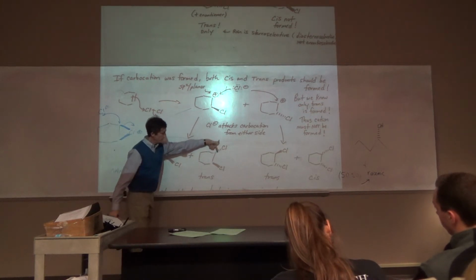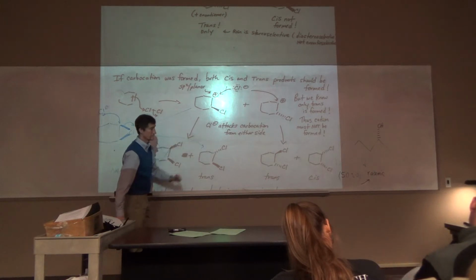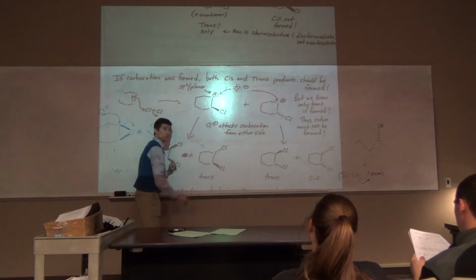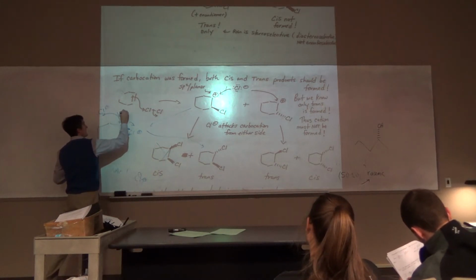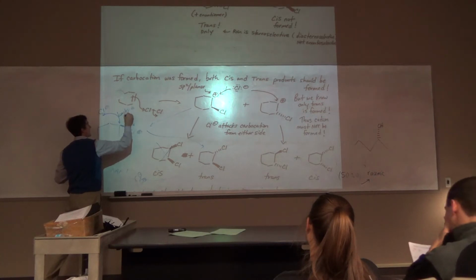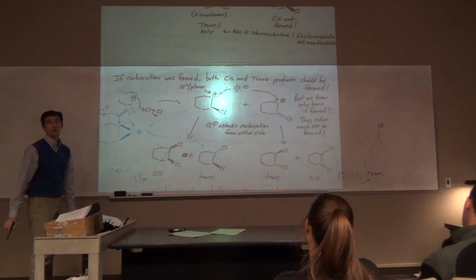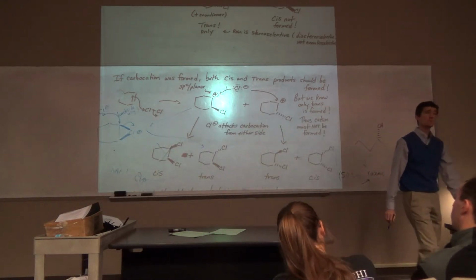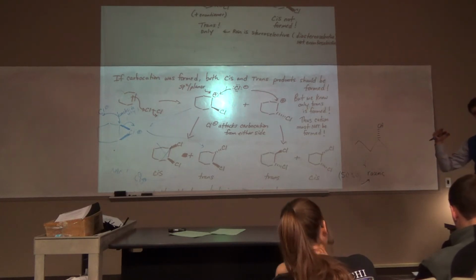You get this came in backside. And that's why you get trans. Ultimately, this is opposite of this because it came in backside to this. Backside only. Ultimately, it's the difference between attacking carbocation versus attacking something backside.